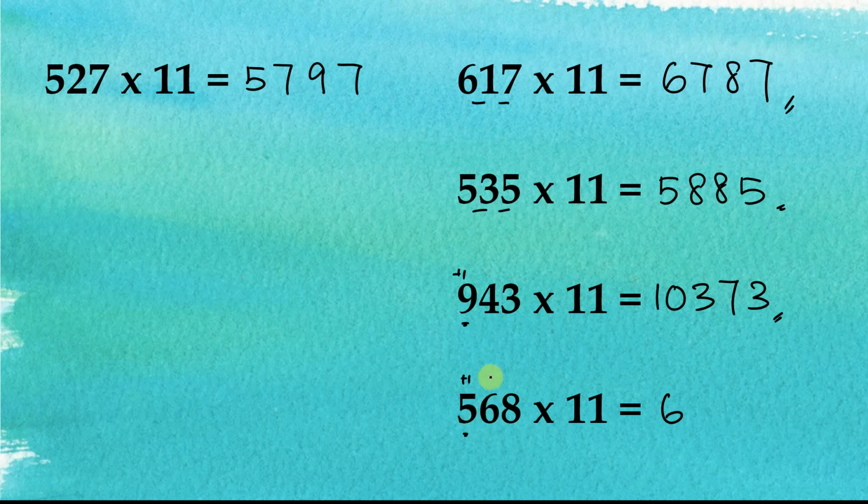It's supposed to be 1, but the sum of the next two digits is also more than 9, so we need to plus 1 here, so it becomes 2. And the sum of 6 and 8 is 14, so this is 4, and the last digit is 8, and therefore this is 8. 6, 2, 4, 8. So this is the final answer.